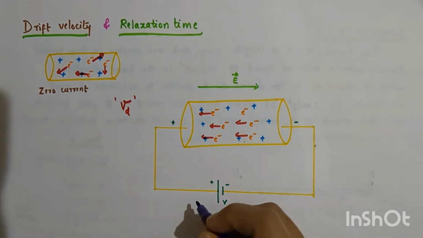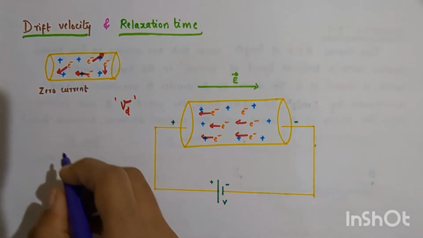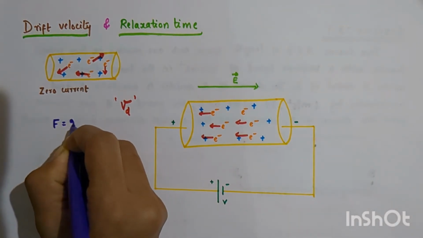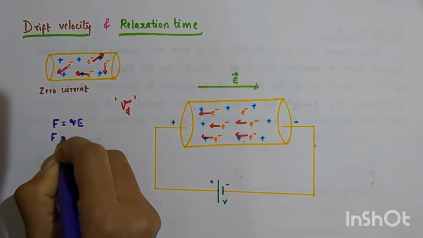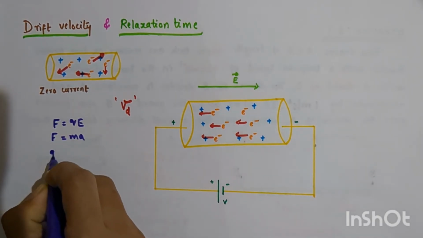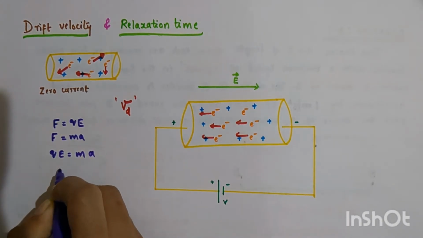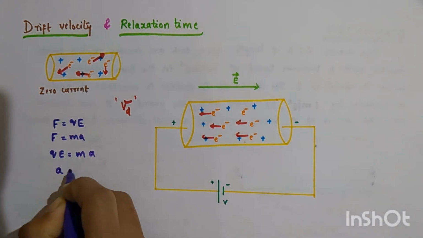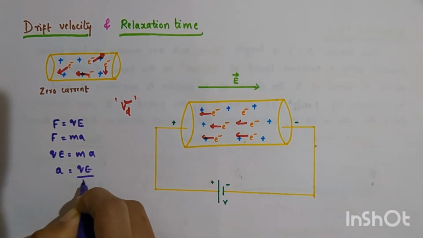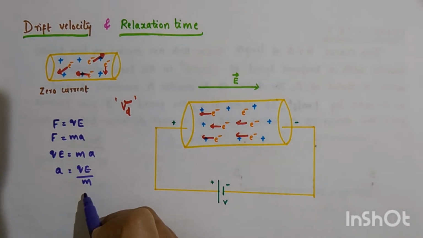We know that when an electric field is present, electrons get accelerated. We have the equation F equals QE and the equation F equals MA. When we equate these two, we can write Q into E equals M into A. From this we can write A is equal to QE divided by M. Acceleration is equal to charge into electric field divided by mass.